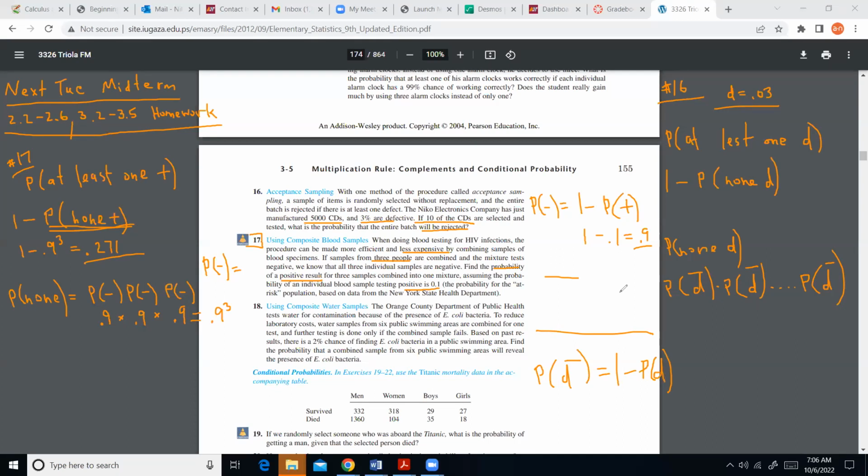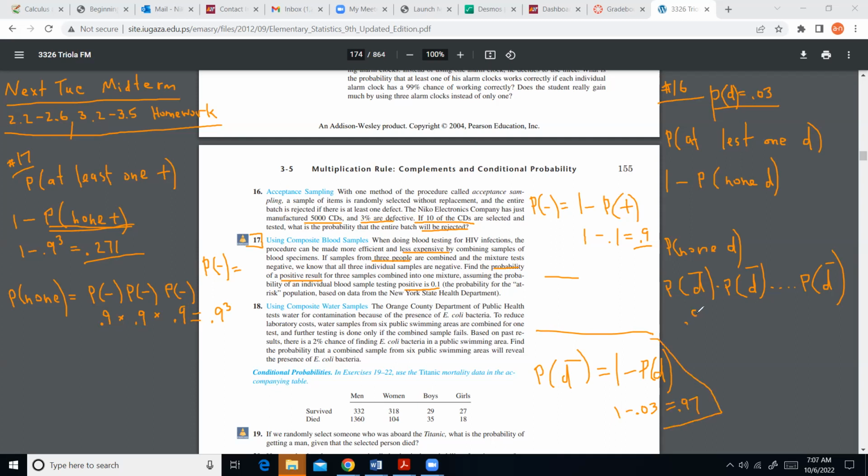So I need to get the complement to the probability of defective, and the probability of defective was 0.03, which means that it's 0.97. So you found the complement to defective.